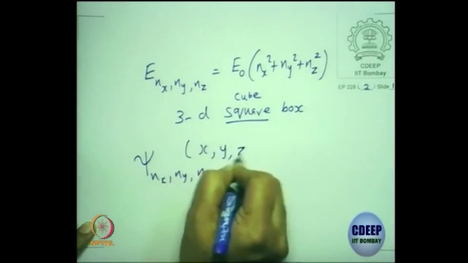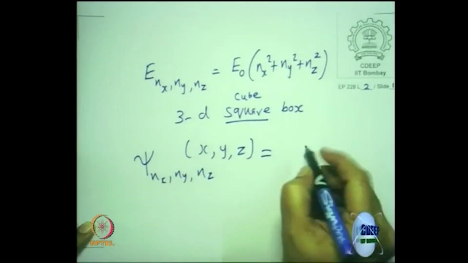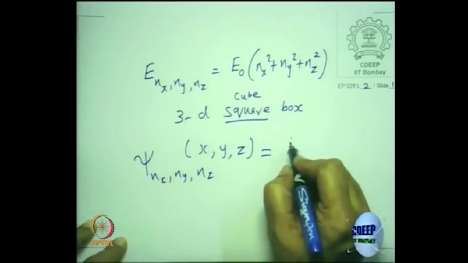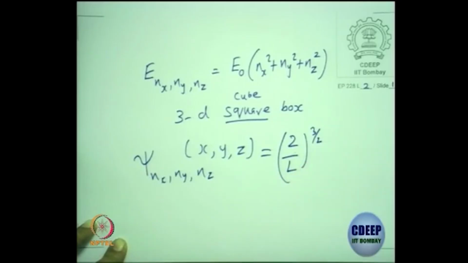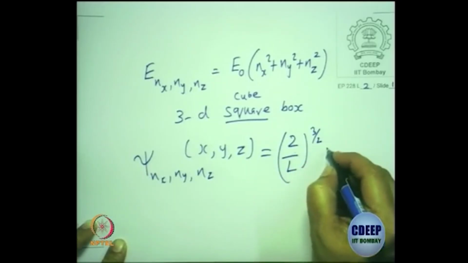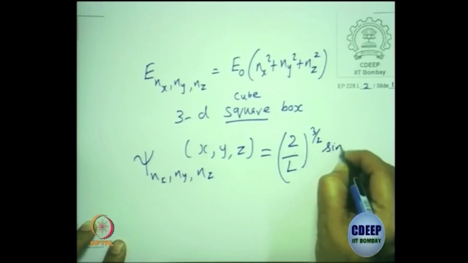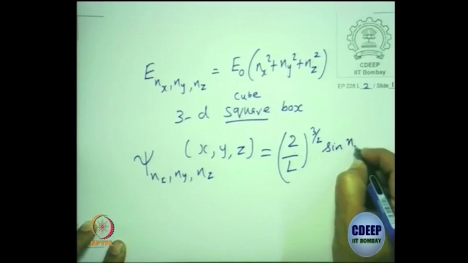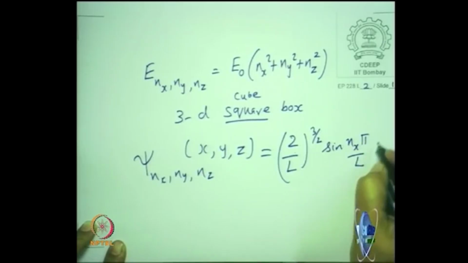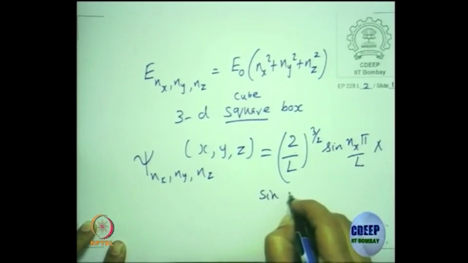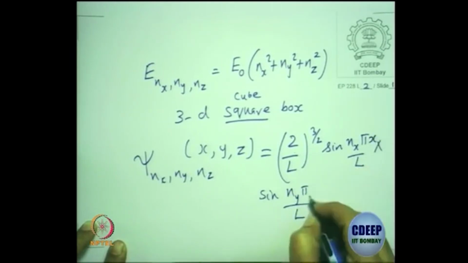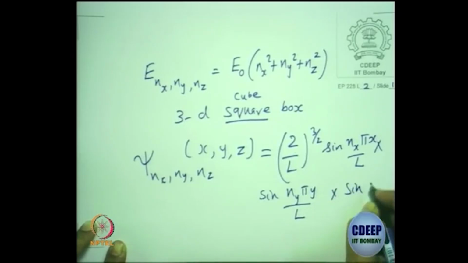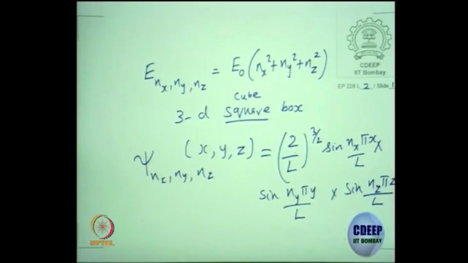Psi of x, y, z, you can write it as 2 by L to the power of 3 by 2 multiplied by sine nx pi x by L multiplied by sine ny pi y by L. And then sine nz pi z by L. Is that okay?